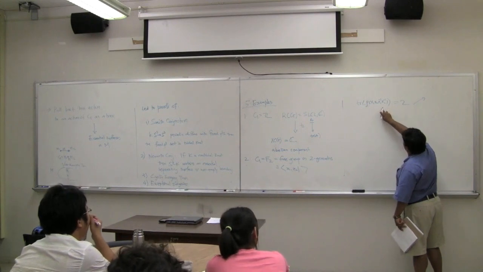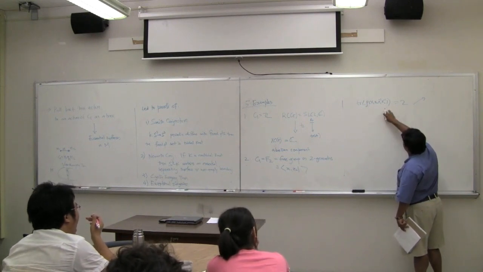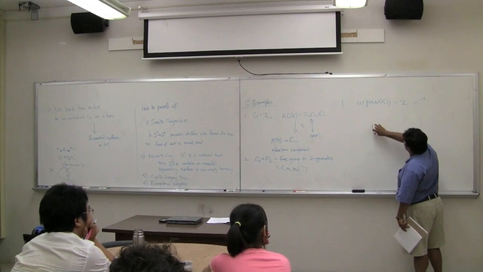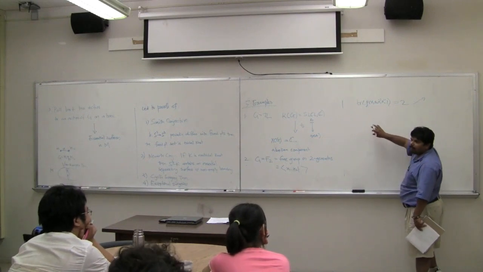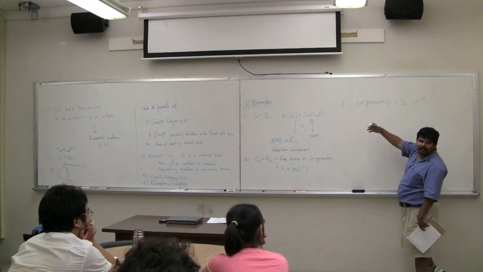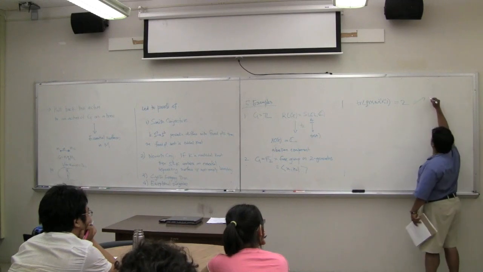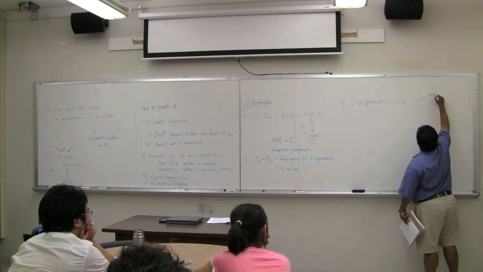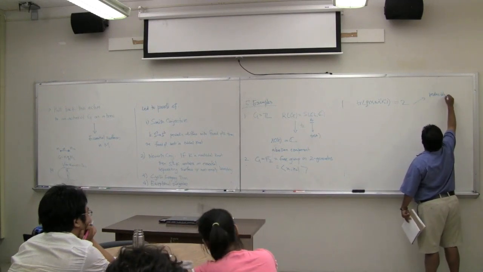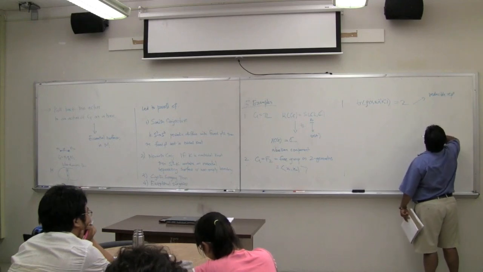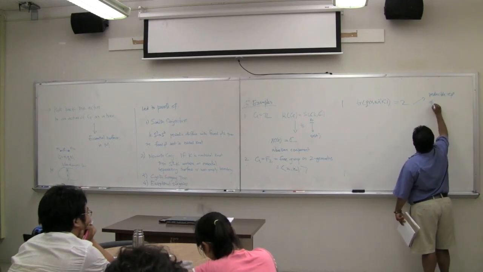If it's abelian, then of course the trace is 2. But if the trace is 2, then it can be abelian or meta-abelian. So basically you get reducible representations, abelian and meta-abelian.